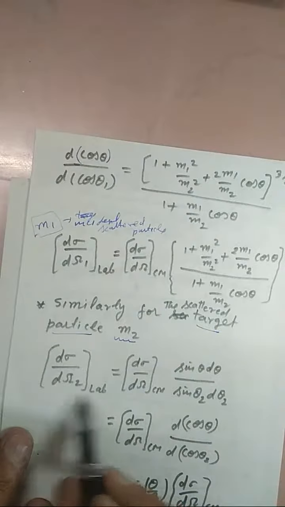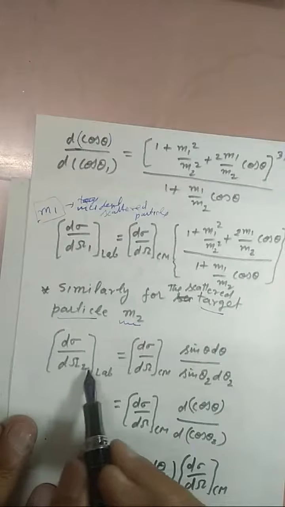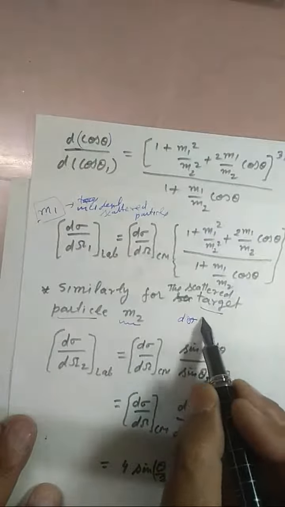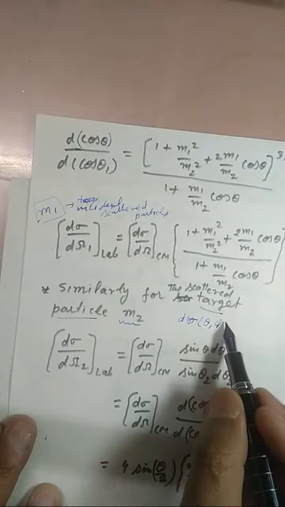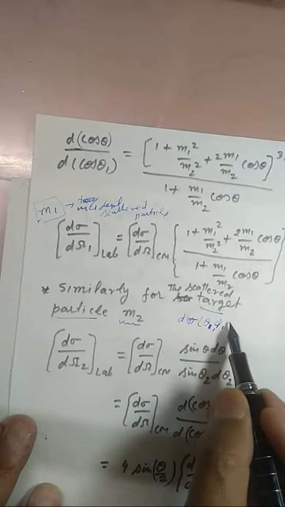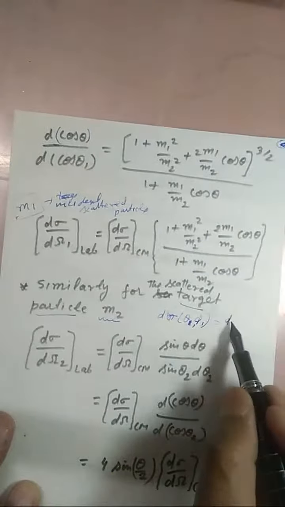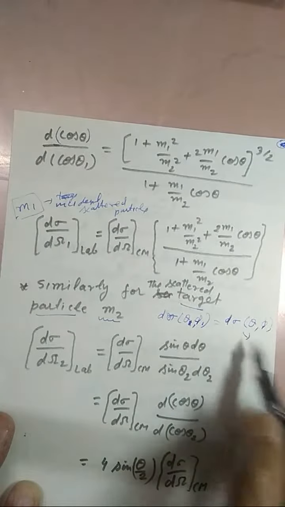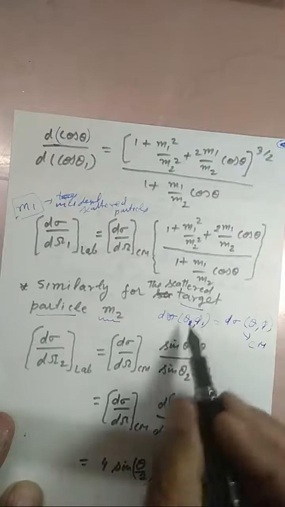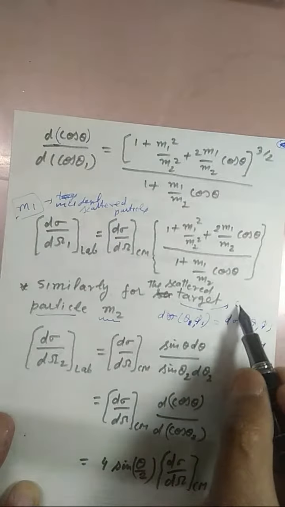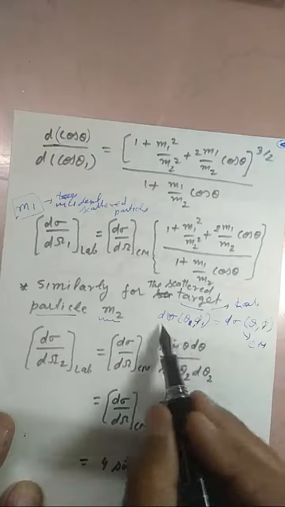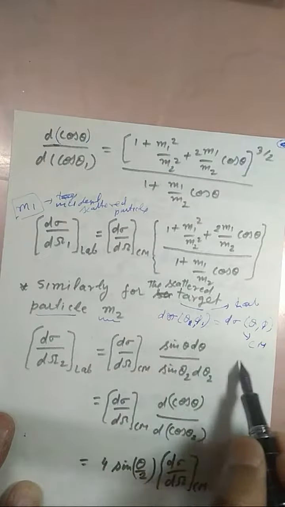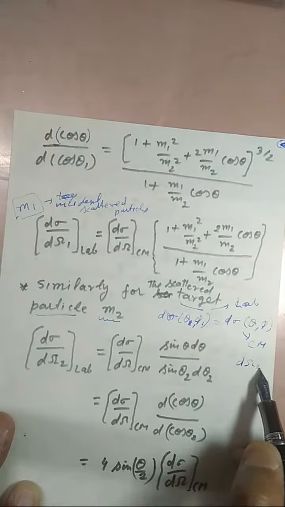For that relation, we can write in the similar fashion. Here we will also write d sigma theta phi 1 is equal to d sigma theta phi. This is in the CM frame, center of mass frame, and this is for the lab frame, and they are the same in both frames. So here we have to multiply and divide with d omega 2.